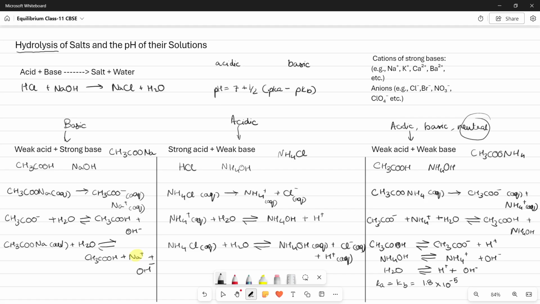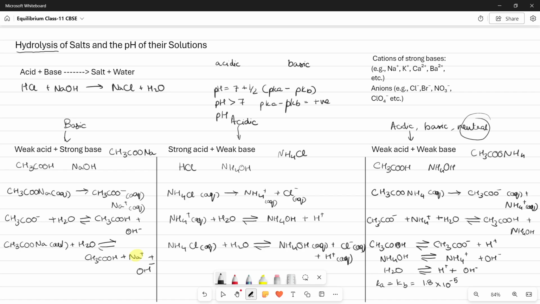So the value of pH will be greater than 7, essentially basic, when pKa minus pKb is a positive value, which means the pKa value is greater.